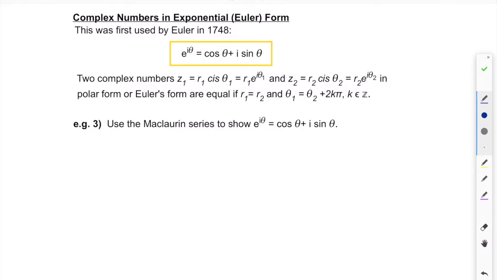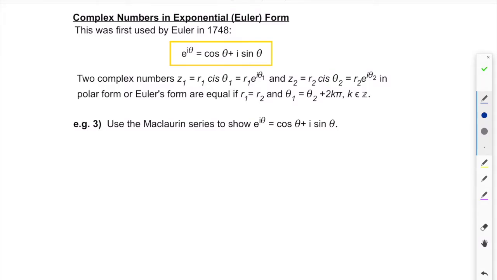So here, when I have two complex numbers, z1 equals r1 cis theta 1, which can now be written as r1 e to the power of i theta 1, and z2 equals r2 cis theta 2, which is equal to r2 e to the power of i theta 2, in polar form or Euler's form, then these two complex numbers are equal if the moduli are equal, r1 equals r2, and also if the thetas are coterminal angles.